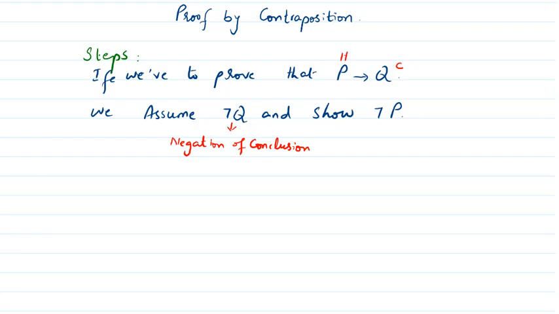So we are just swapping it in a reverse manner: we start with the assumption of the negation of the conclusion, and we show not of P, which is the negation of the hypothesis.